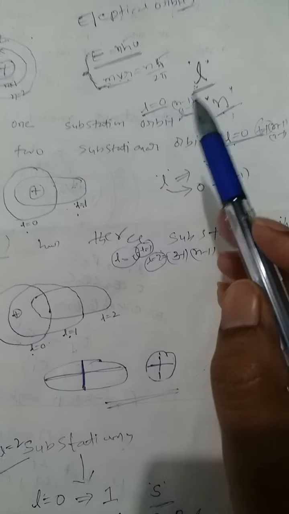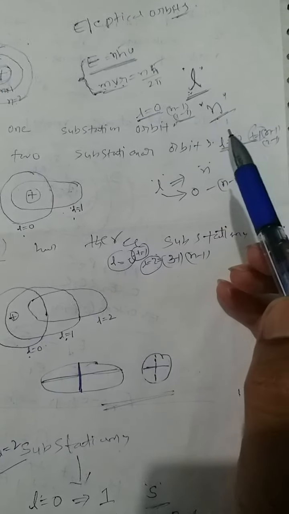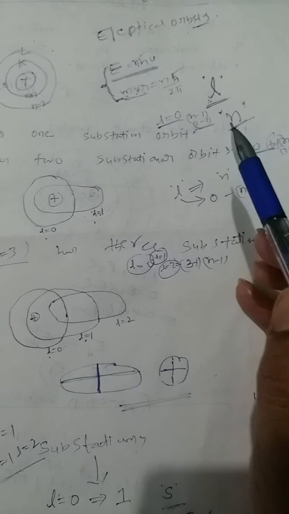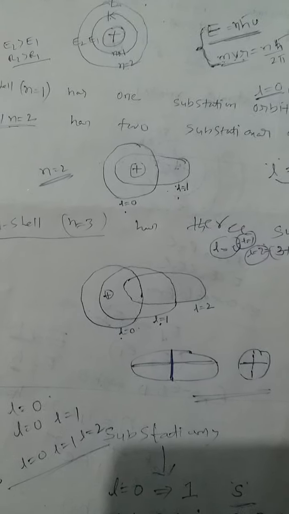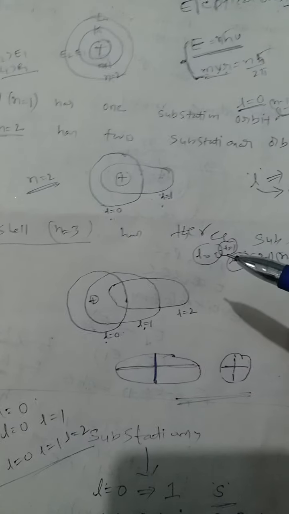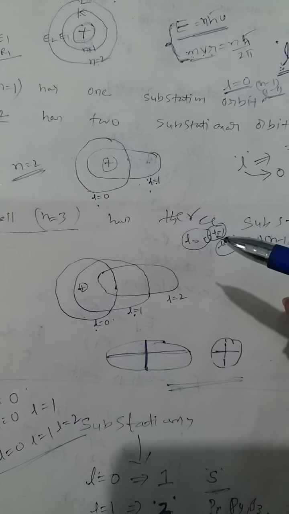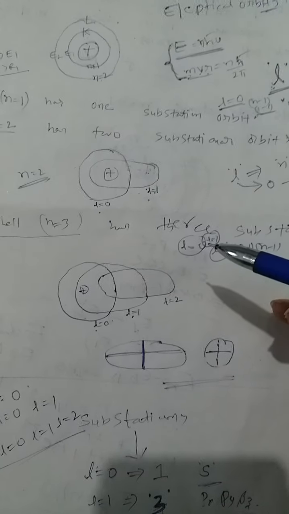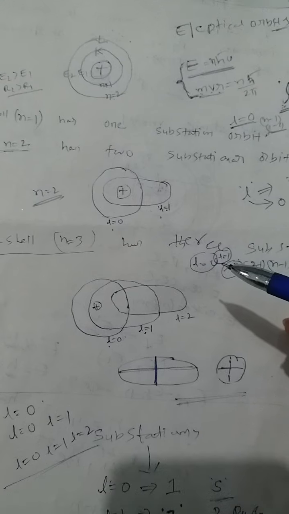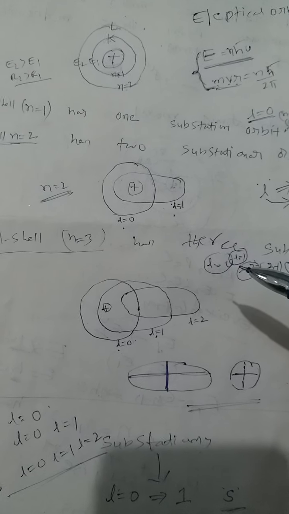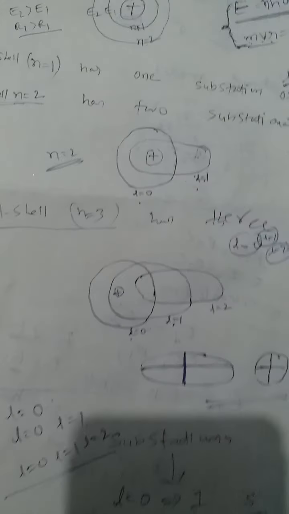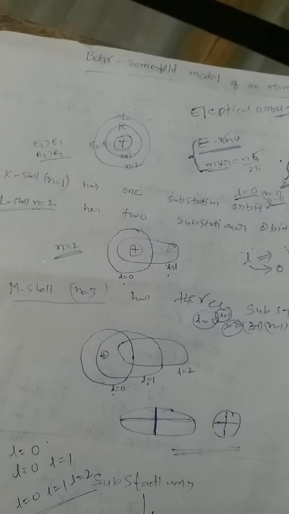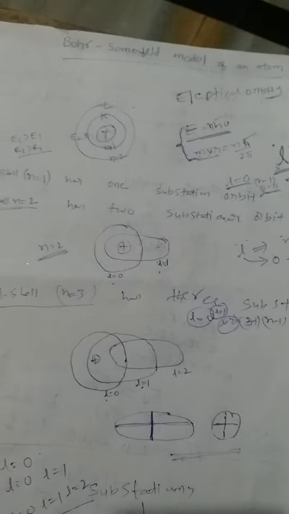That is nothing but l values depending on n values. The first stationary orbit has only one substationary orbit, the second has two substationary orbits, and the third stationary orbit has 3 substationary orbits, and so on. This is about the Sommerfeld model.